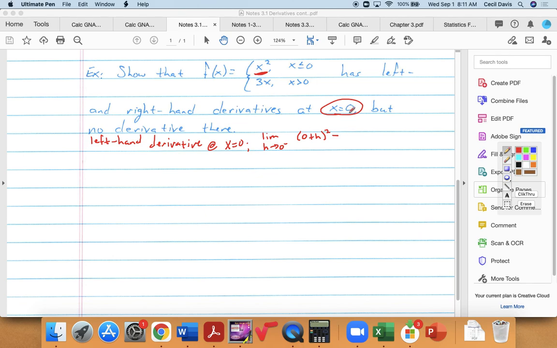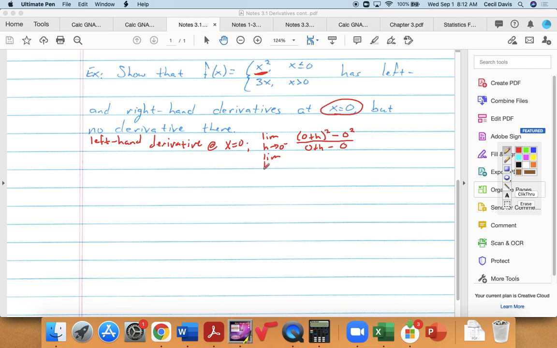Minus, how do I calculate f at 0? Substitute it into which one? The x squared. So minus 0 squared, because this says equal to 0, you've got to use this one. All over, and again, you don't have to do that, I just like to write the change in y over the change in x.